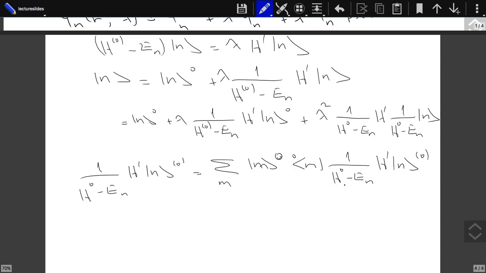This operator I can also act over here, so that will give me E_m0. This is almost like the previous expression. Not exactly though. You see here it appears E_n, not E_n0.